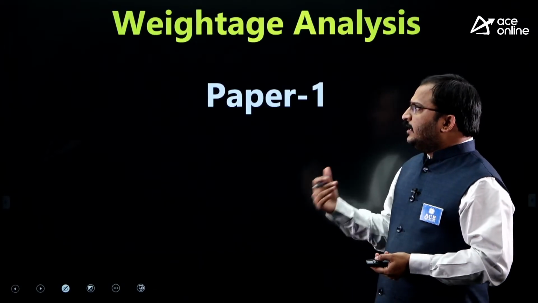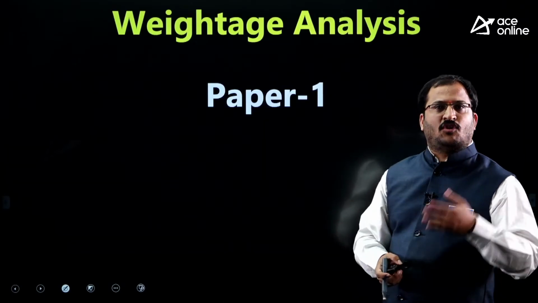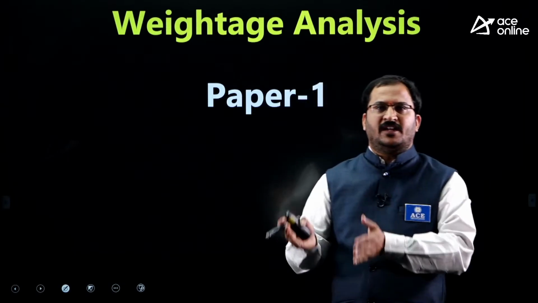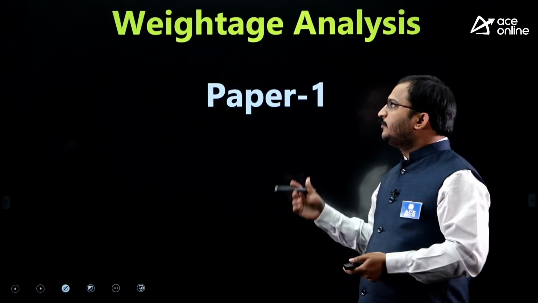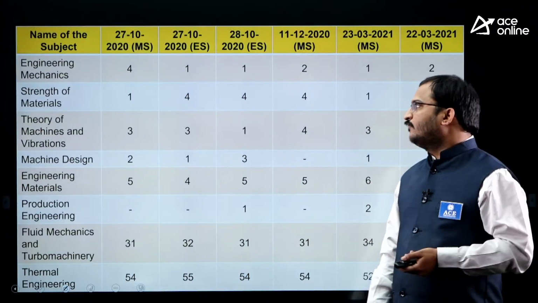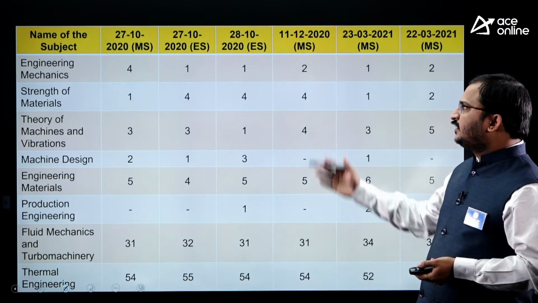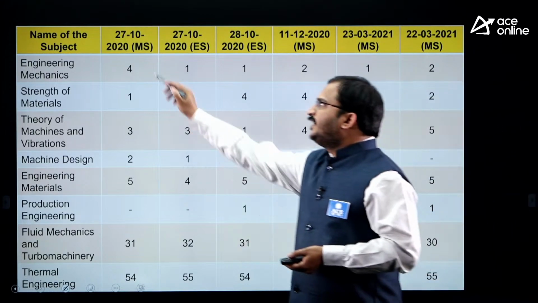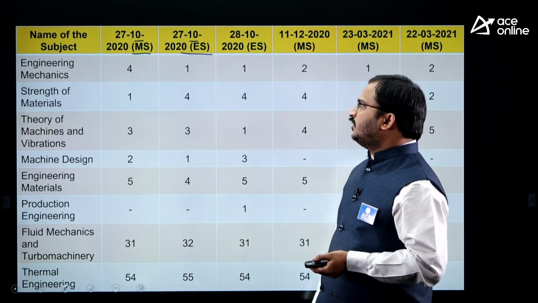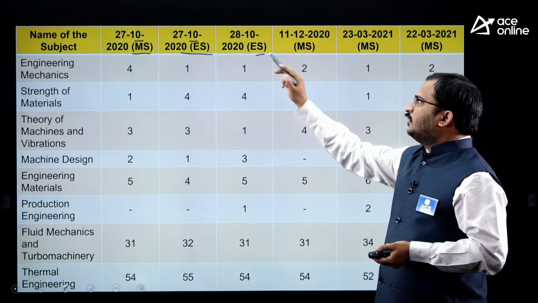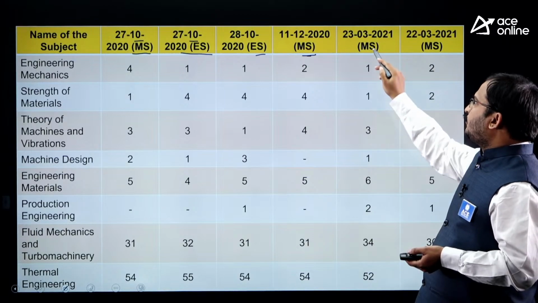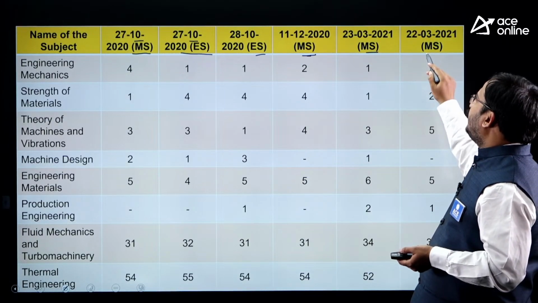Now, when it comes to the weightage analysis of paper 1, the computer based examination that was conducted recently in 2020 and 2021, during the pandemic time, there are a total of 6 papers that were conducted. You can see these are the 6 papers: 27-10-2020 morning session, 27-10-2020 evening session, then 28-10-2020 evening session and 11-12-2020 morning session, 23-3-2021 morning session and 22-3-2021 morning session.